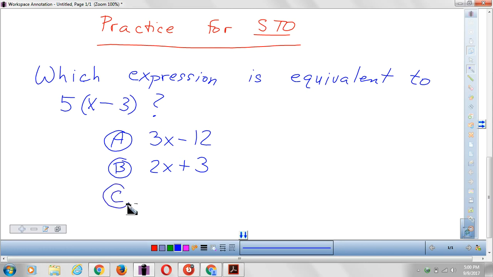And C will be 5x minus 15. Okay, so there you go. There's your sample question. And at this point, I would encourage you to pause the video and just try it out. And then we'll go over it and we'll see if you got the right answer.